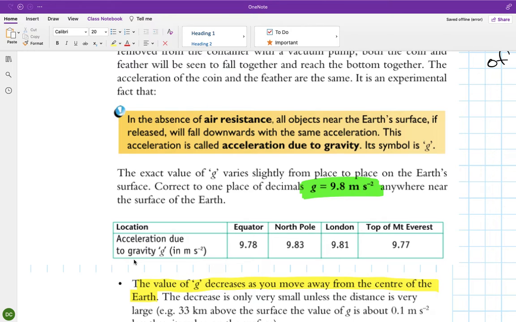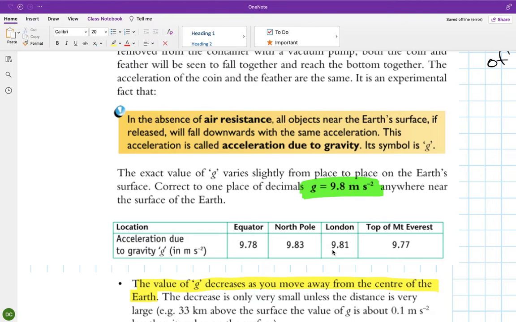When we're actually talking about gravity, we talk about how it's not exactly the same all over the Earth, and it's to do with the shape of the Earth. As you move further away from the center of the Earth, the gravity does change slightly. So you can see here at the top of Mount Everest, it's a little bit lower than it is in London, for example.